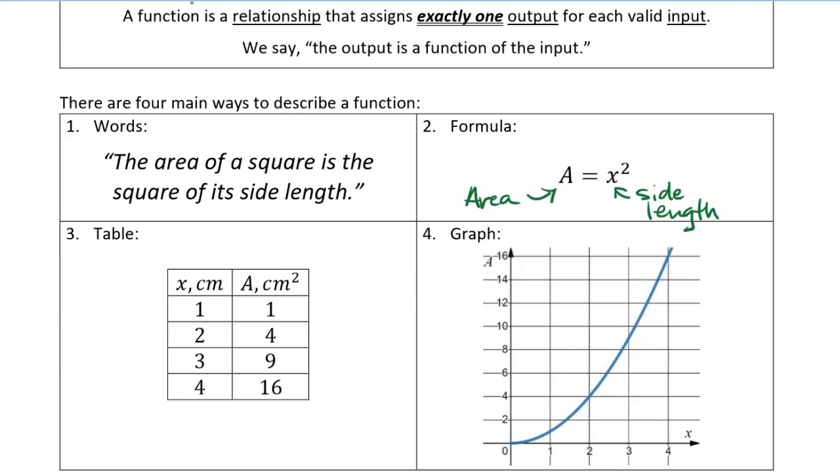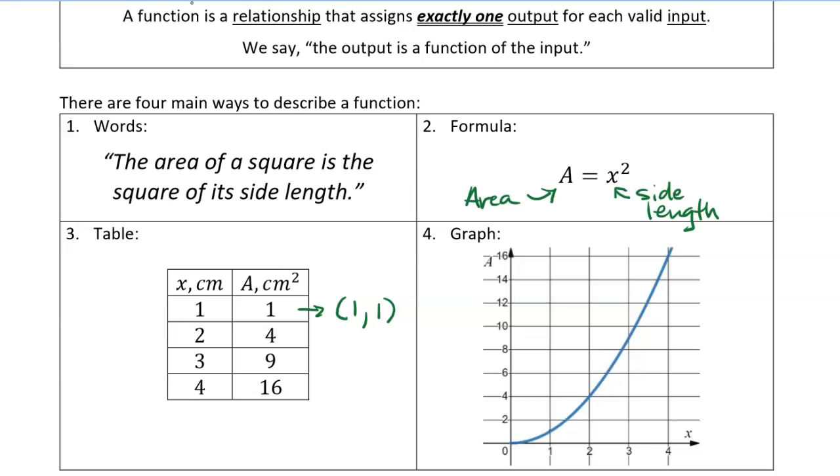Now we can take those numbers in a table and we can create ordered pairs from them and graph the data. So for example, the first row of the table can become an ordered pair (1, 1), where x is equal to 1 and A is equal to 1, and then we can graph it.